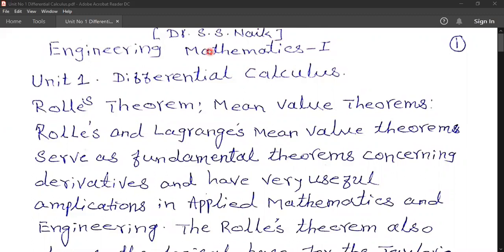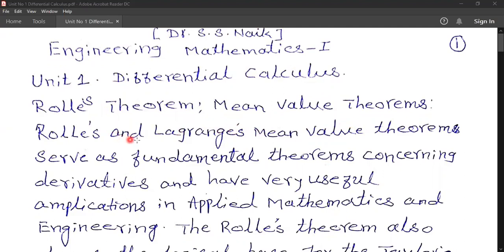I'll be dealing with Engineering Mathematics 1, in which you will be learning unit number 1, Differential Calculus. In this, you will be learning Rolle's theorem and mean value theorems.